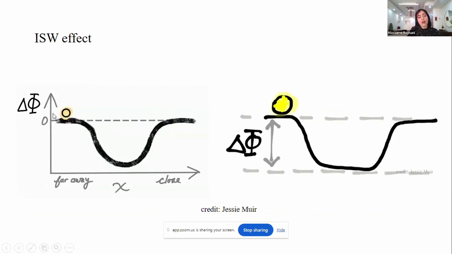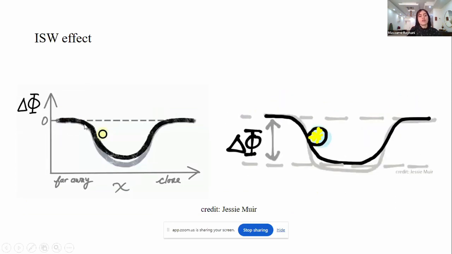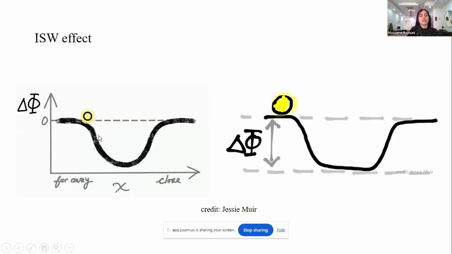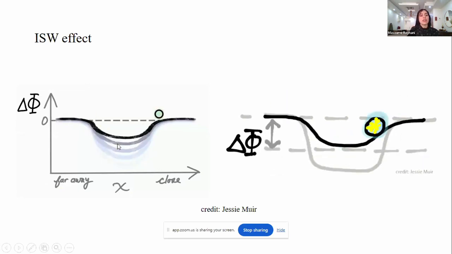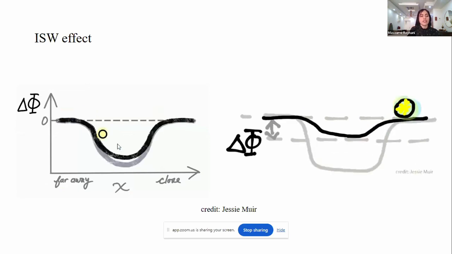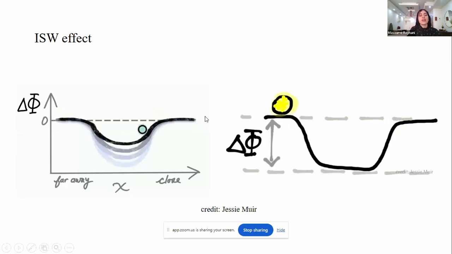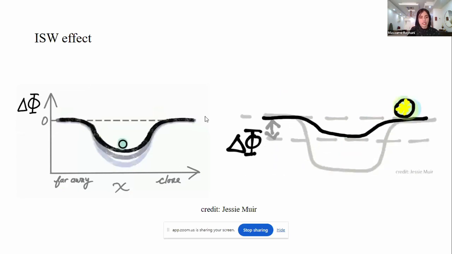The photons coming from the last scattering surface to us, when they enter potential wells, experience a decrease in their wavelengths, and when moving out of these potential wells, they will be redshifted.